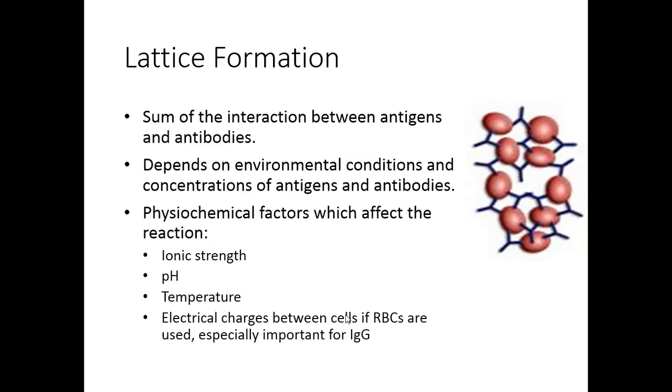In lattice formation, there are going to be different things that make this an effective and strong reaction. Remember, we talked about affinity being the sum of the interactions between antigens and antibodies. So if we have multiple bindings, that's going to be stronger.